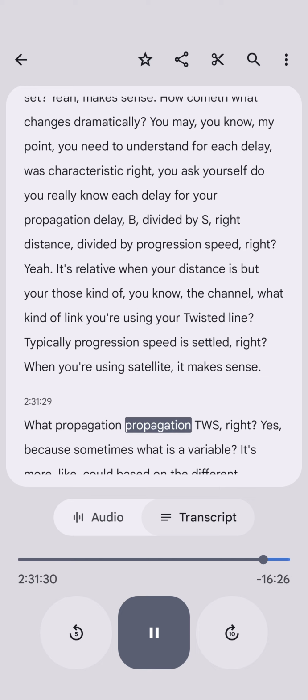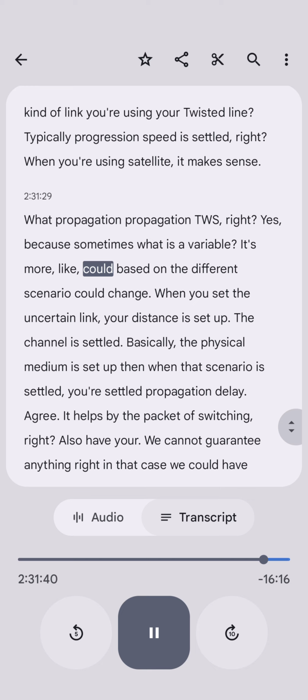Propagation is D over S, right? It's more like it could change based on the scenario. When you settle on a certain link, your distance is settled, the channel is settled, basically the physical medium is settled. Then, when the scenario is settled, your propagation delay is settled.